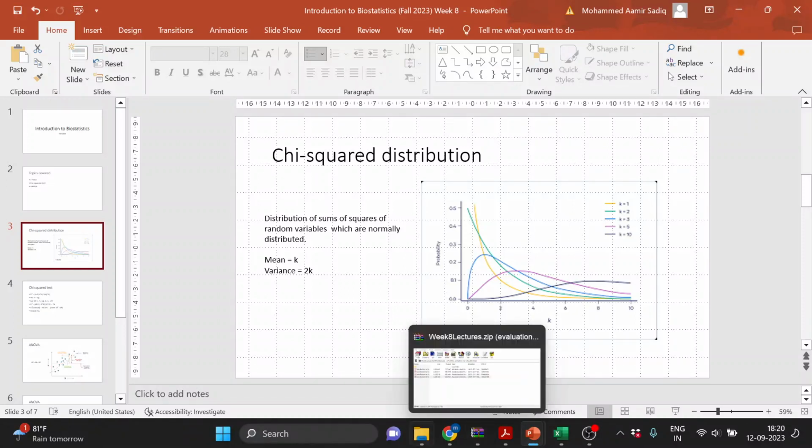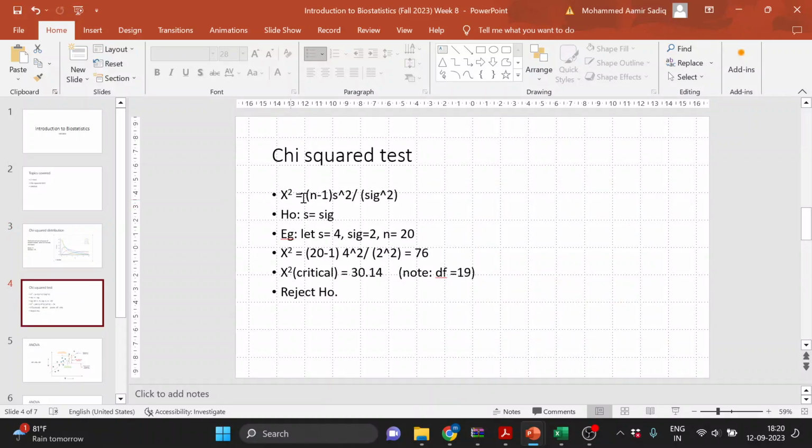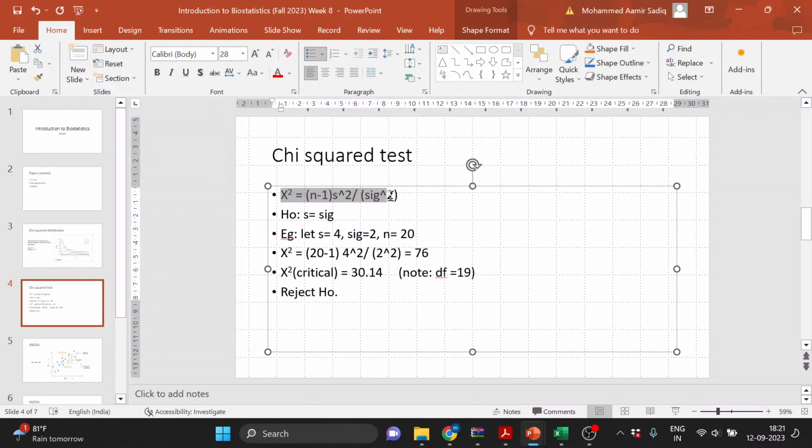Chi-square distributions are used to do a chi-square test. This is the formula for a chi-square test: n minus 1 into s square divided by sigma square, where s is your sample variance and sigma is your population variance. If you want to test the null hypothesis that your sample variance is equal to your population variance, you use this formula.